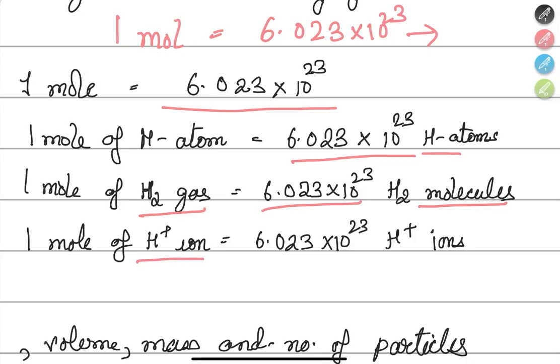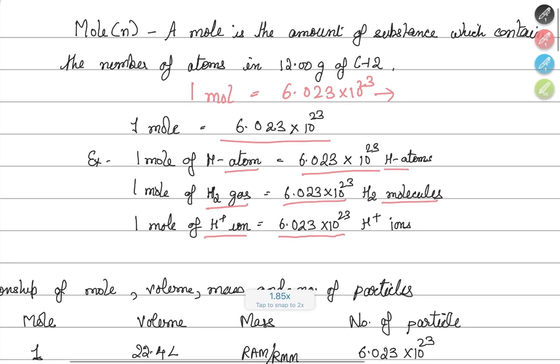If I am talking about any ion, like here, 1 mole of hydrogen ion, that means it contains 6.023 × 10^23 hydrogen ions. It is as simple as a dozen. 1 dozen of bananas will have 12 bananas, not mangoes. So whatever entity is there, if it's an atom, that many atoms are there. If it's a gas or a compound, that many molecules are there. If it's an ion, that many ions are there.